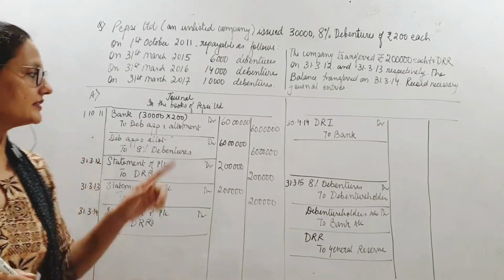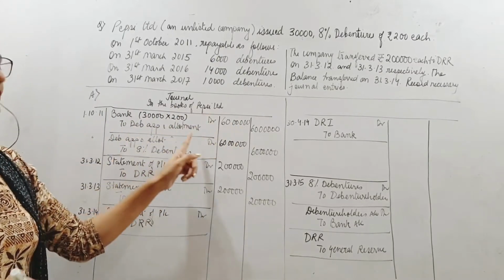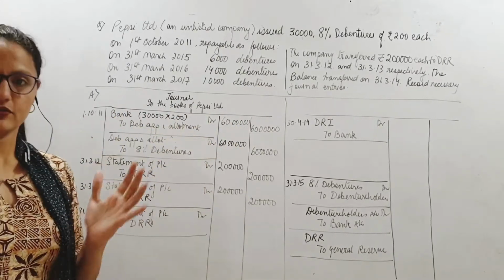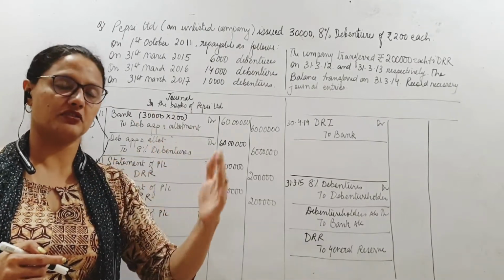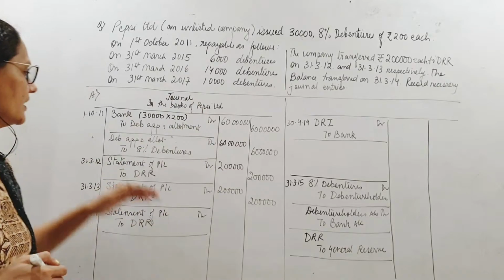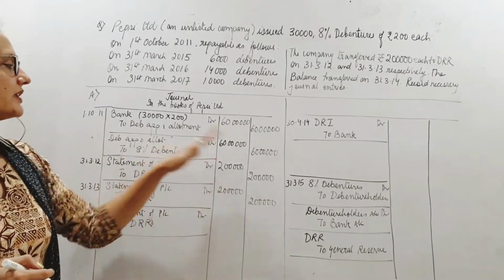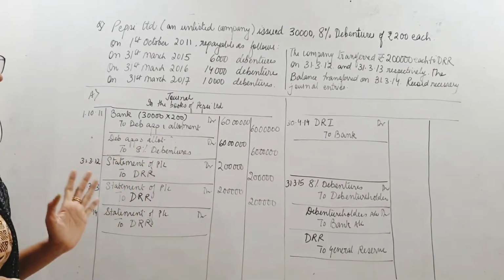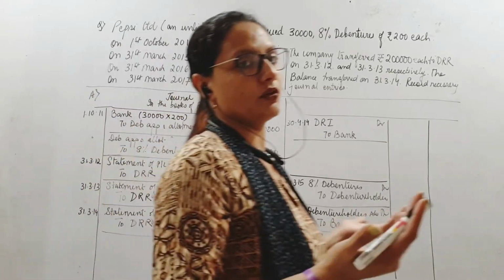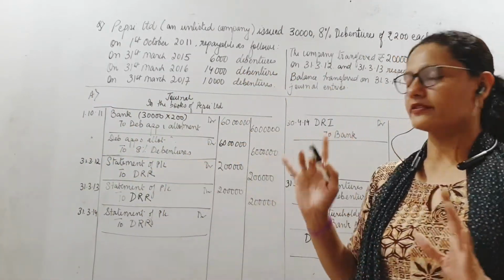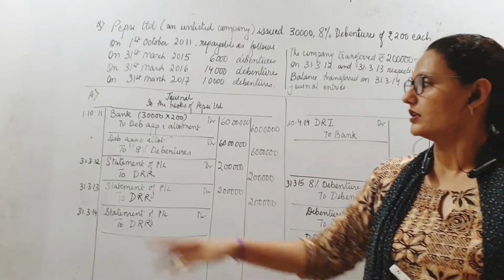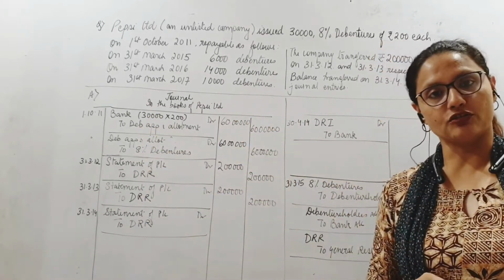So I receive 60 lakhs in the bank account for debenture application and allotment because this is all together, not broken up into different installments of application, allotment, call, and so on. Then its entire amount will be transferred to debentures because this is issued at par and redeemable also at par since nothing else is given. So this has been transferred to debentures account. So these 2 entries are for the issue.